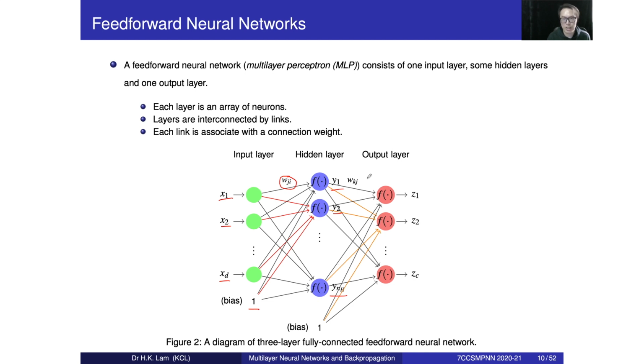And then in the output layer, we have the bias as well. That means when you consider y1 up to y_nh and the bias 1 right here, we can regard it as the input of the output layer. All these values will be fed into this output layer and generate z1, z2, up to zc.